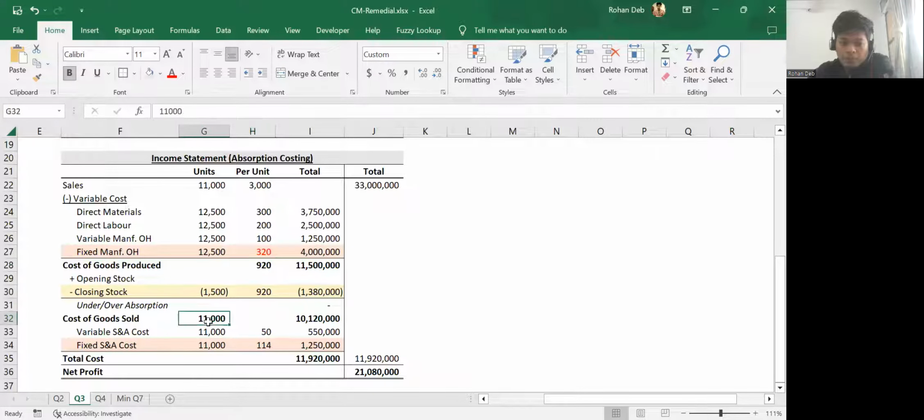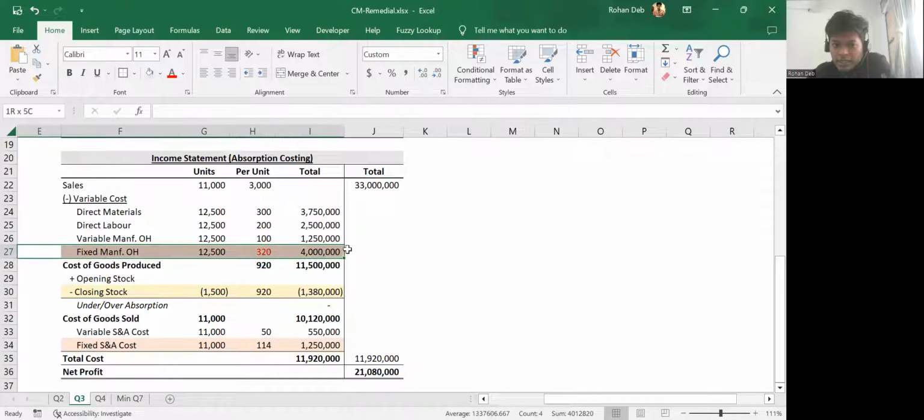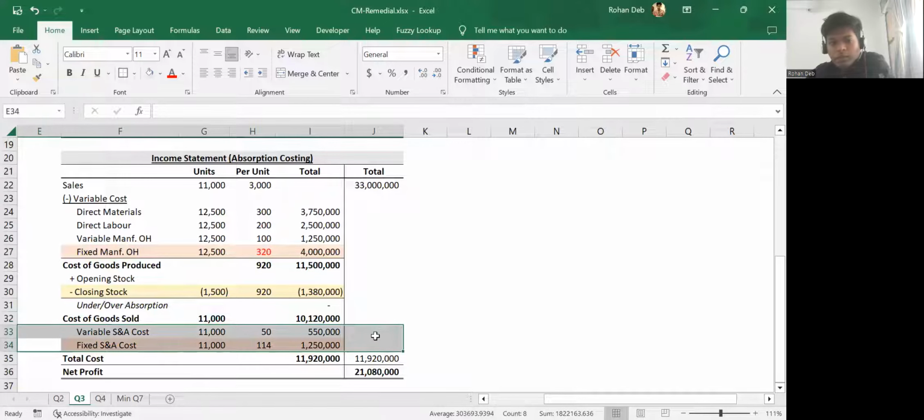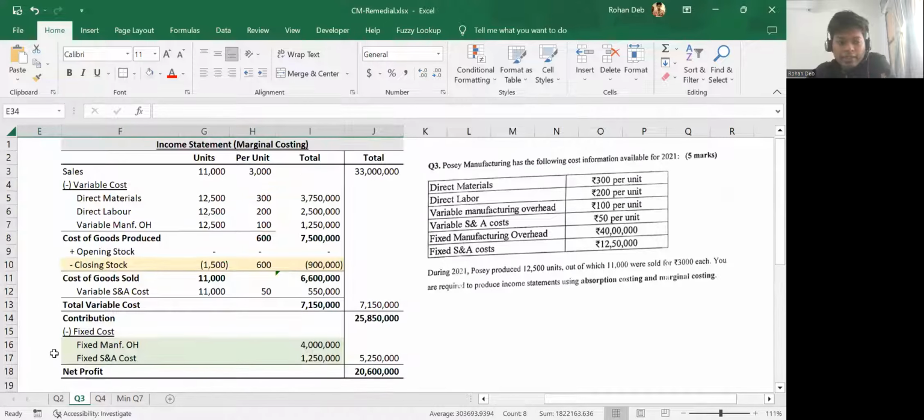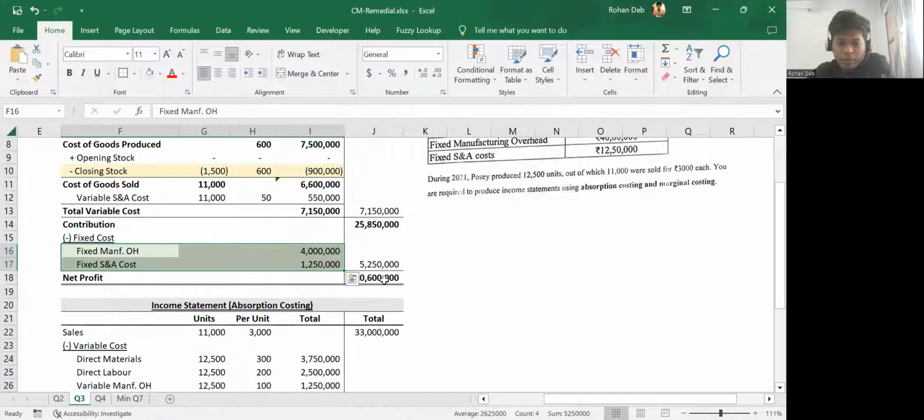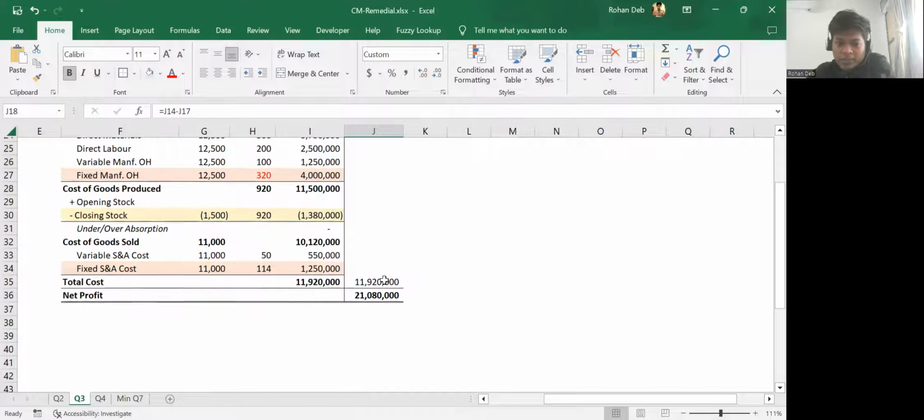The cost of goods sold will be the same here, but what we have done is fixed manufacturing overhead was taken over here, fixed sales and administrative overhead was taken over here, but here we have taken all the fixed costs in one slab. So honestly, these are the two differences that we have, which is why the profit differs.